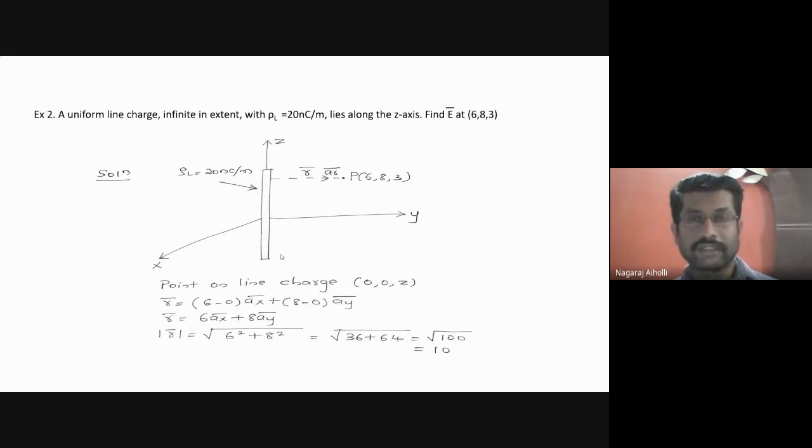Then the magnitude of r bar is the square root of 6 squared plus 8 squared, the square root of 36 plus 64. It is 100. The square root of 100 is 10.